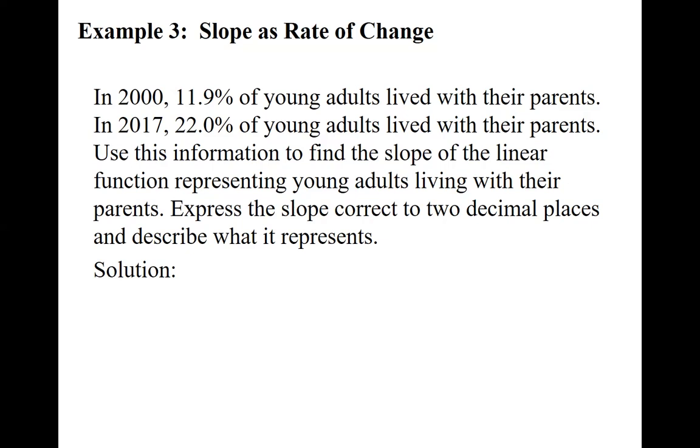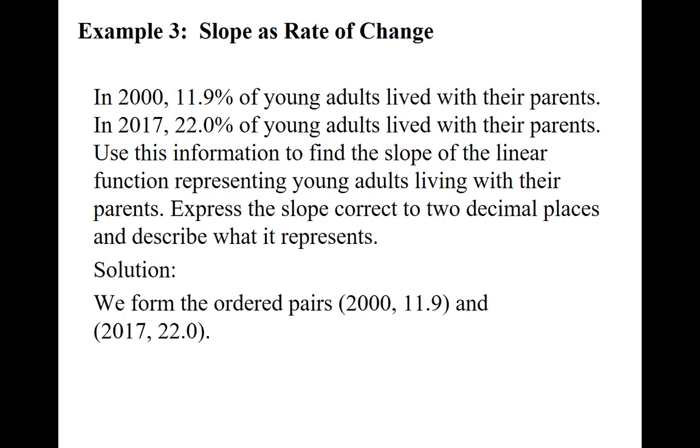So the important thing is we have 2 sets of paired data. We like that. We like that we can identify that because we can form 2 ordered pairs. And from that, we can find the slope. So in 2000, it was 11.9. The input is 2000.